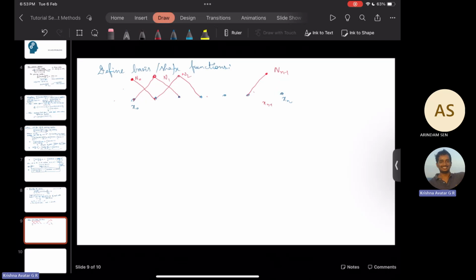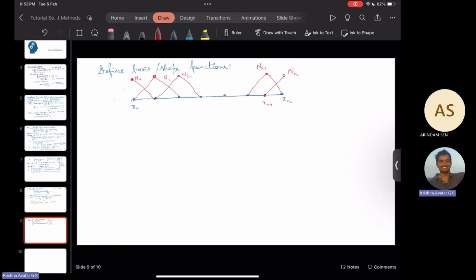And for the last node we again have a half basis function in appearance, and this is Nn. Right. Okay.